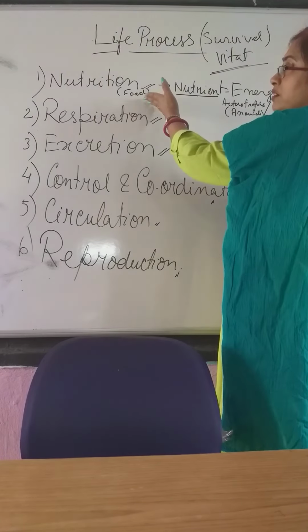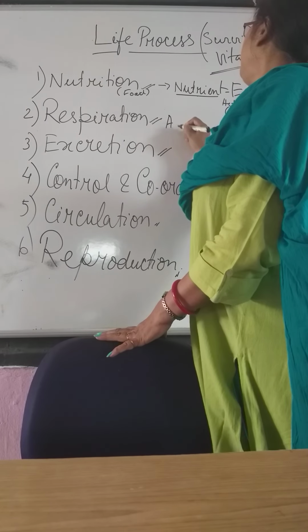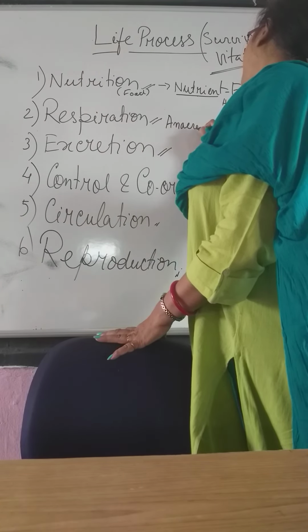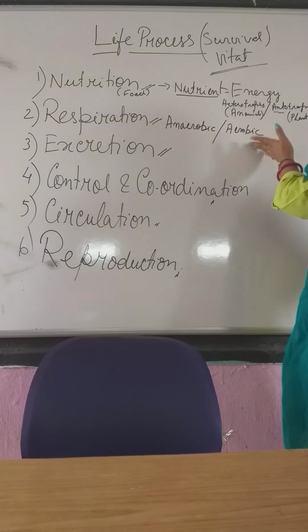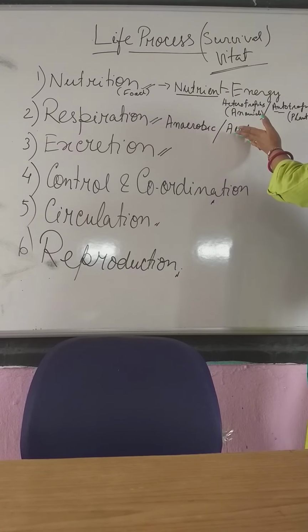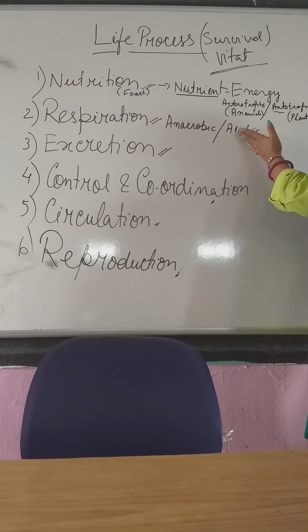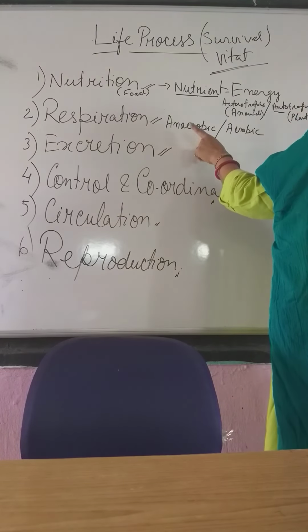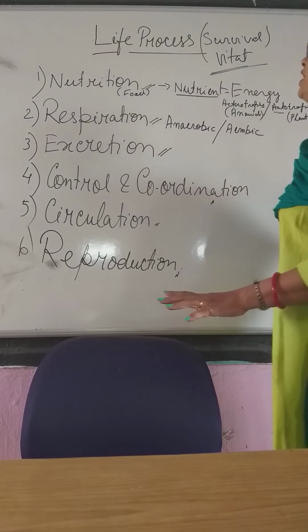We again have two different types, aerobic and anaerobic. Respiration that takes place in the presence of oxygen is known as aerobic, and respiration taking place in the absence of oxygen is known as anaerobic.